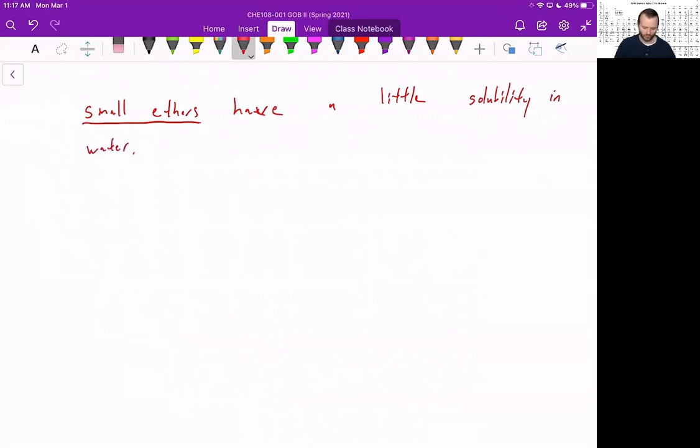But in general, again, because they can't hydrogen bond, ethers aren't soluble in water. Because of hydrogen bonding, they're more lipid soluble or fat soluble because they can't hydrogen bond.